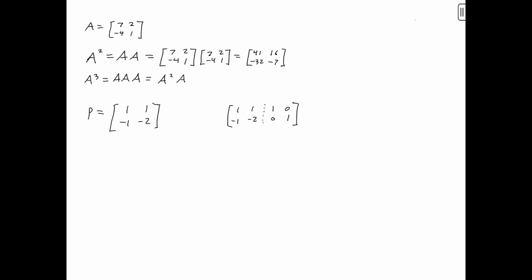So I'm first going to add the first row to the second row. So I get 1, 1, 1, 0. And when I add the first row to the second row, I get 0, -1, 1, 1.